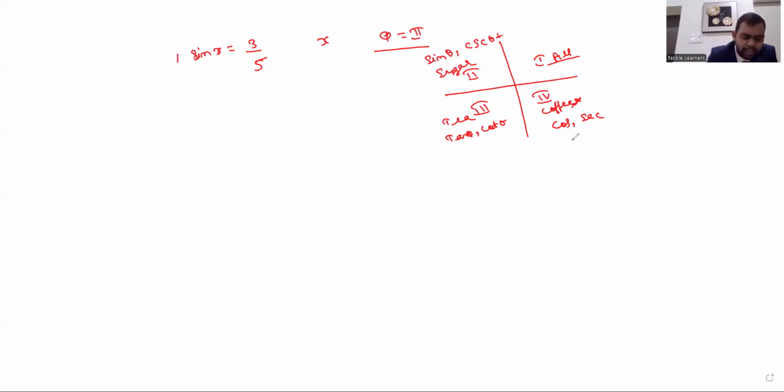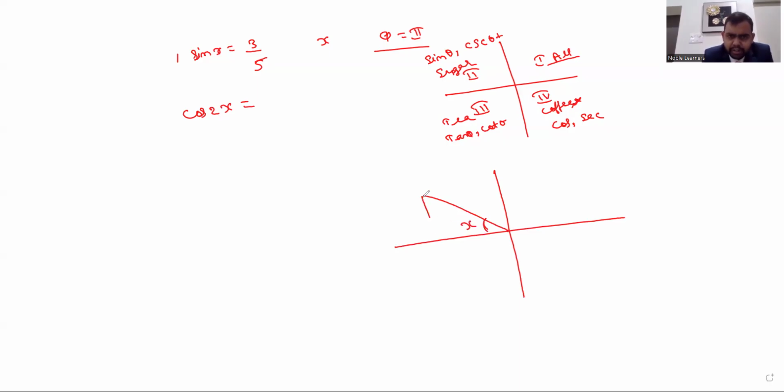Okay. Then they're asking you to find the value of cosine 2x. This is a very easy question. We have to make a triangle first of all, having an angle x in the second quadrant. The sine is given, so this side is the adjacent, this is the opposite, this is the hypotenuse.